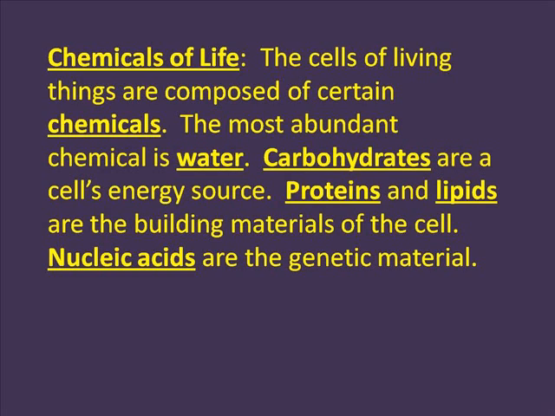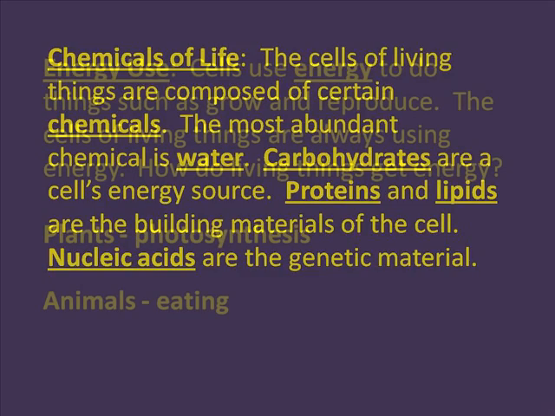This carries a special code that makes you the way you are. And second 9 weeks, we'll be studying genetics, and we'll talk a lot more about nucleic acids then. But you may have actually heard of DNA. All living things have DNA. The NA in that stands for nucleic acid.